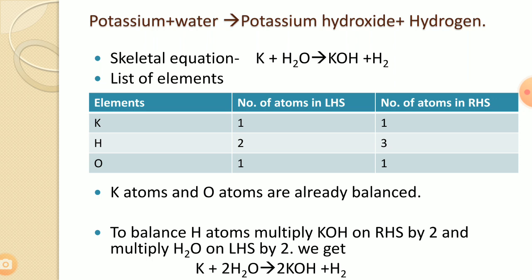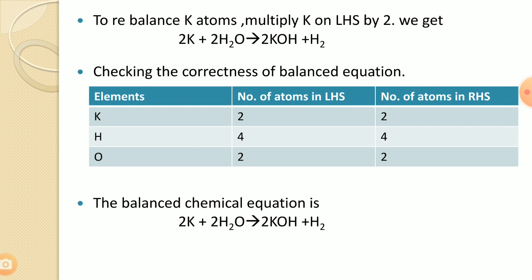We get this equation. And to rebalance potassium atoms, we multiply K by 2 on left hand side and we get 2K plus 2H2O gives 2KOH plus H2, and we check the correctness of balanced equation and we found that all the atoms are equal on both the sides.